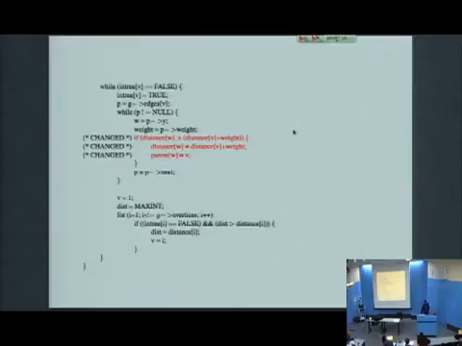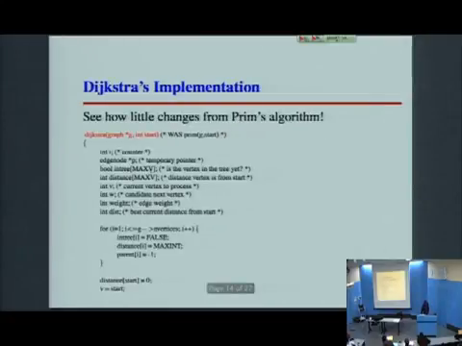Again, Prim's algorithm, if we go back to it before, it maintained which vertices were in the tree. It was a Boolean thing. It maintained a distance array such that distance of I was going to be the cheapest way of adding I to the tree that we know about.